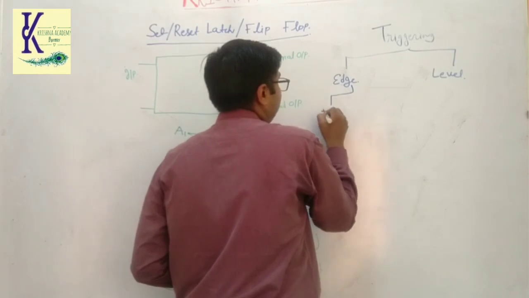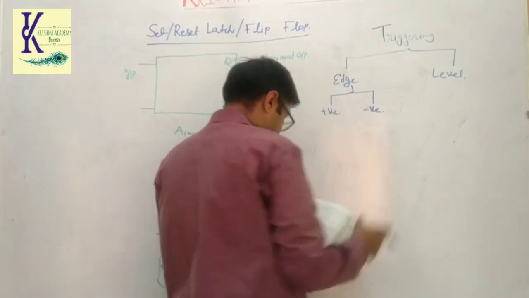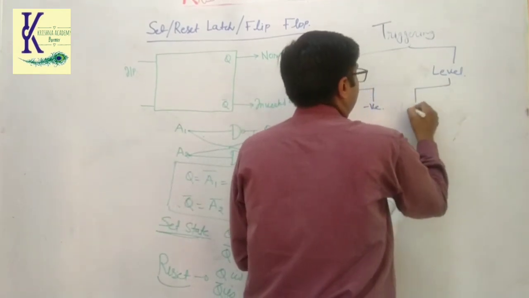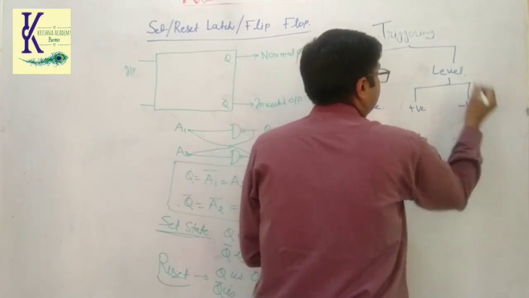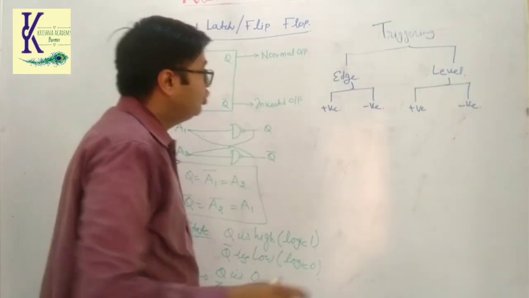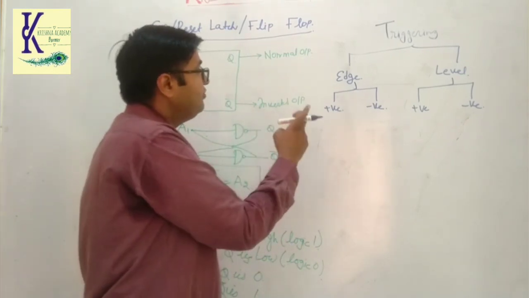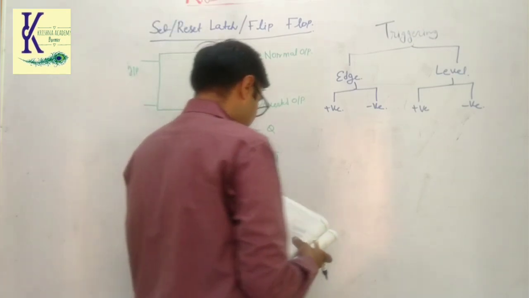Now it can be positive or negative, in the same manner, for both edge triggering and level triggering. Now how to show this?